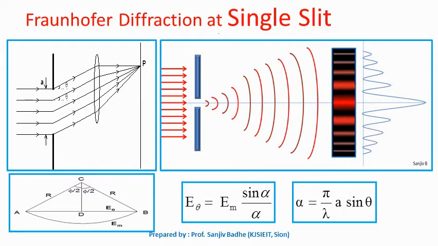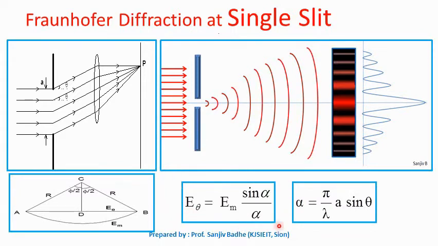So this is how we get maxima and minima which are placed on either side of this central maximum. You can see the central maximum is also spread over some distance, and the intensity of this central maximum is not uniform. So what we will be using in our discussion of n number of slits is this result.